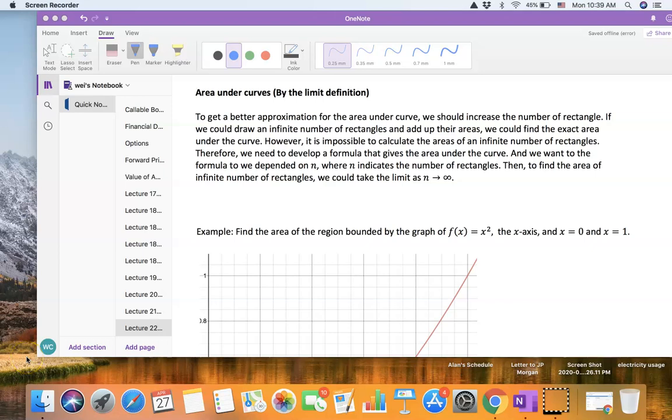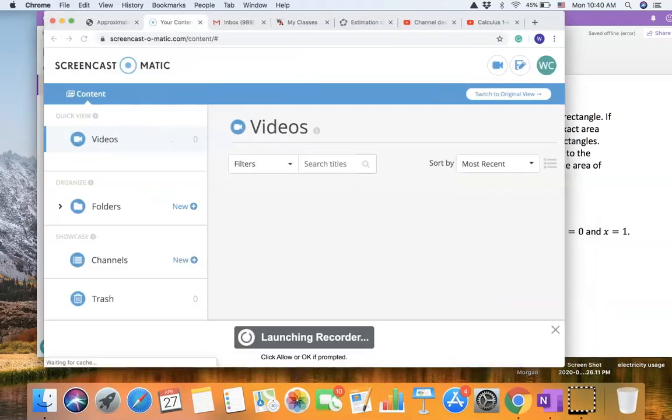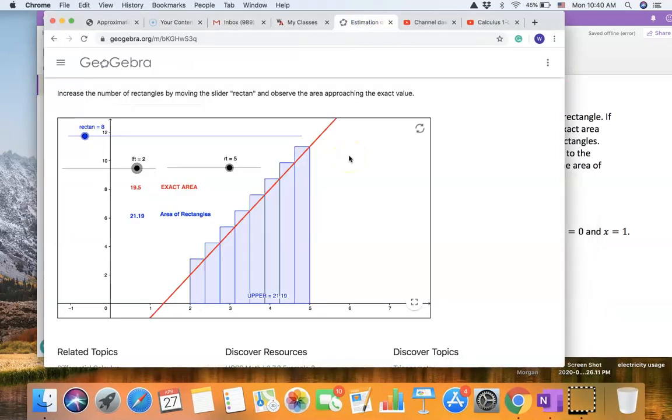In the beginning of this section, we talked about the idea of using rectangles to approximate the area of a bounded region. And we can see that the more rectangles we're using, the better the approximation will be. For example, here we want to approximate the area of the region bounded by this red line and between x equals 2 and x equals 5.